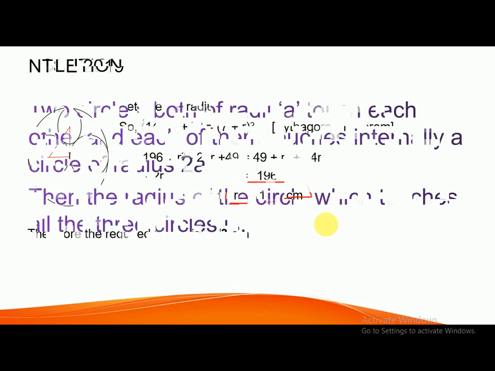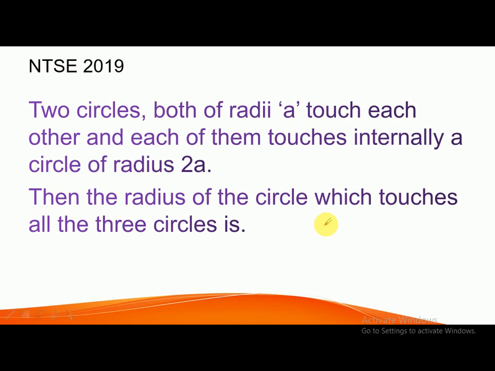So this is your problem. Two circles, both of radii a, touch each other and each of them touches internally a circle of radius 2a. Then the radius of the circle which touches all the three circles is? The answer to this question will be available in the comment section, but I will upload it after a day, and I want you all to approach this problem before looking at the solution.